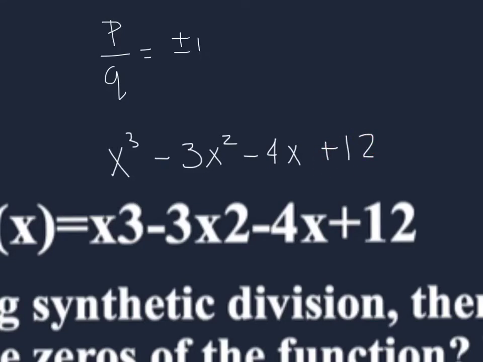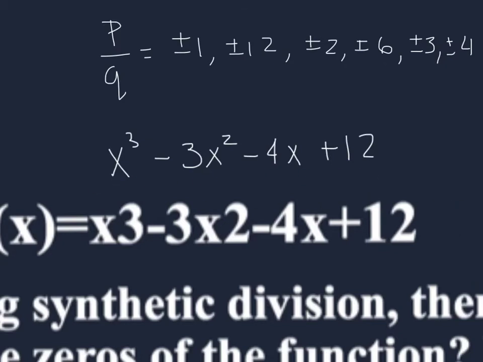So essentially for this one we're just listing out all possible factors for 12. So plus or minus 1 times plus or minus 12, then plus or minus 2 times plus or minus 6, and then 3 times 4. So we have positive and negative values. This is a list of all possible rational zeros for this function.